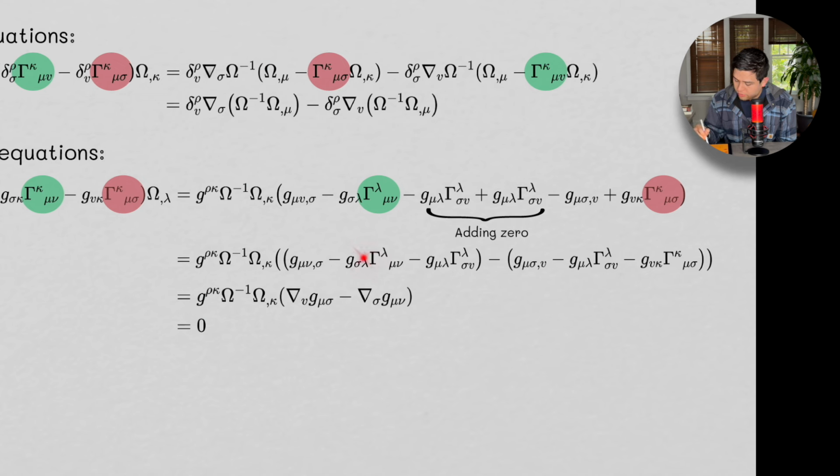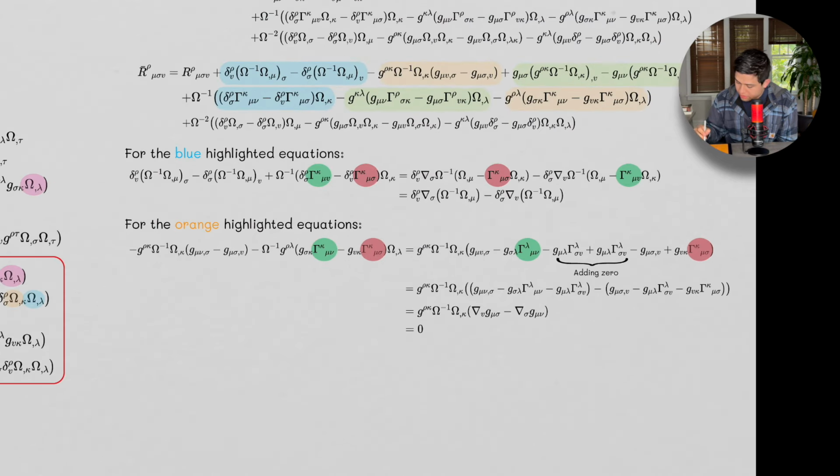We went over this in our tensor calculus class, but this is the definition of the derivative of a completely covariant 0-2 tensor. And then we get this, and this here is 0. And so we get this right here. Okay. So we saw some things went to 0. So these orange parts went to 0.